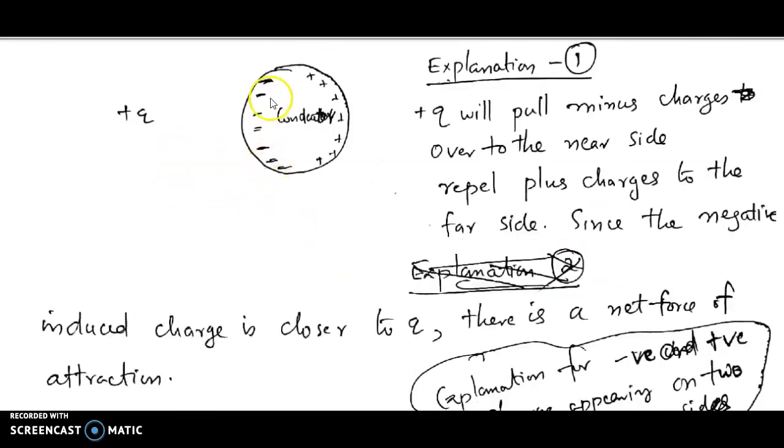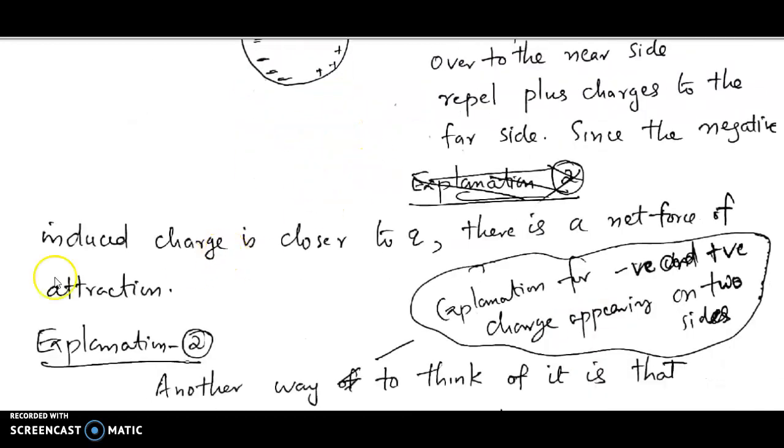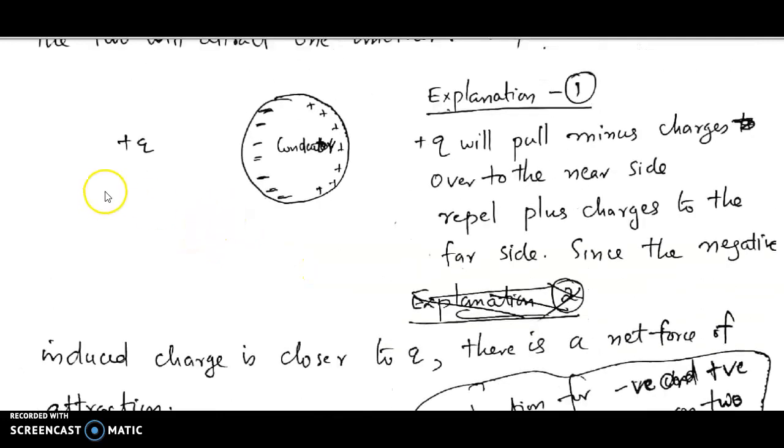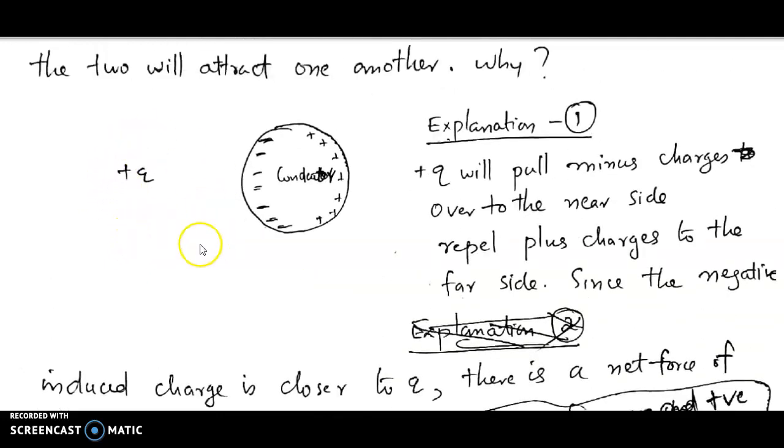Now the charges appearing on the two sides of the conductor can be explained in another way. As we have already seen, this plus Q charge will be actually creating a field around it. The conductor is in that field. Now we know inside a conductor the field is zero.